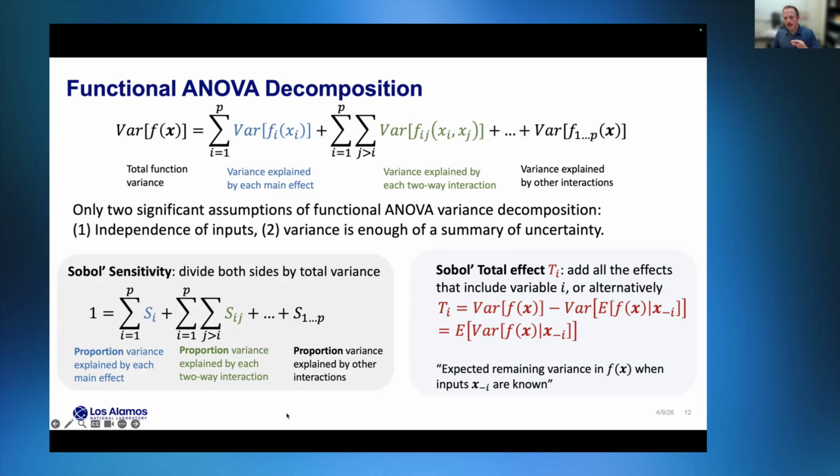But in that case, let's think about now if we divide both sides of this by the total variance, so that we have 1 equals the sum of the proportion of variance explained by each main effect plus the proportion of variance explained by each two-way interaction, and so on.